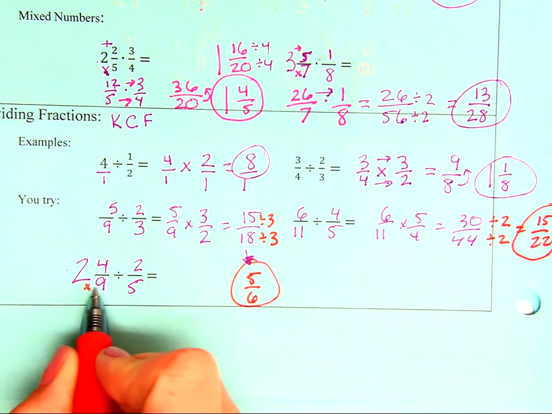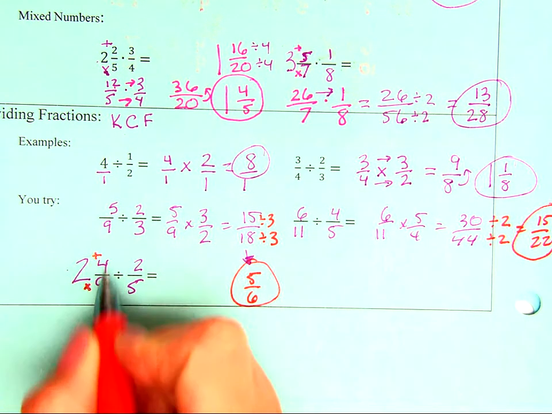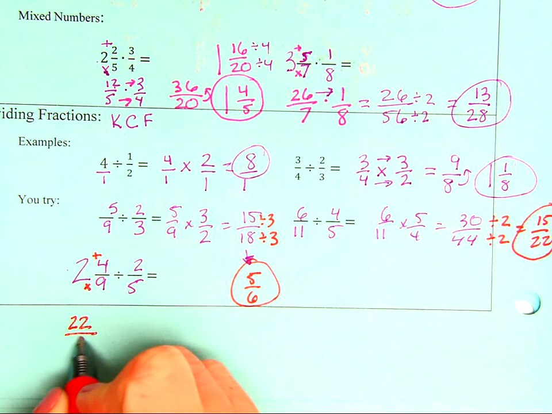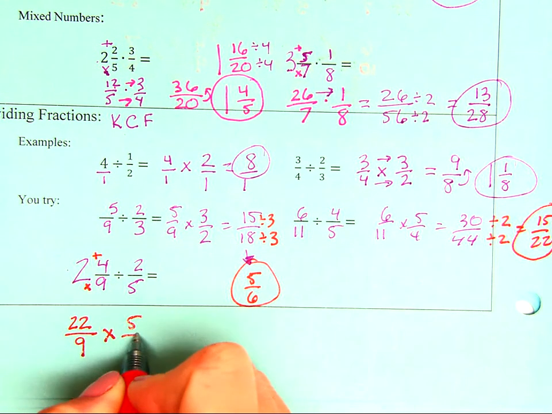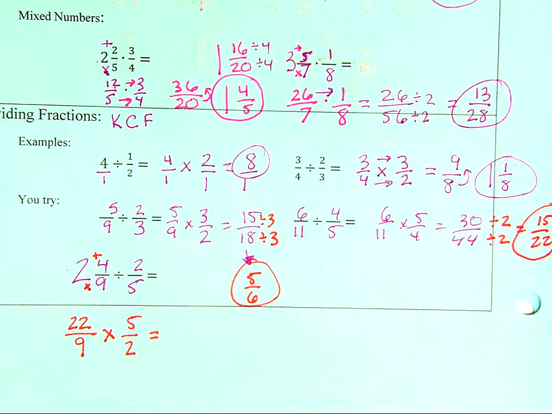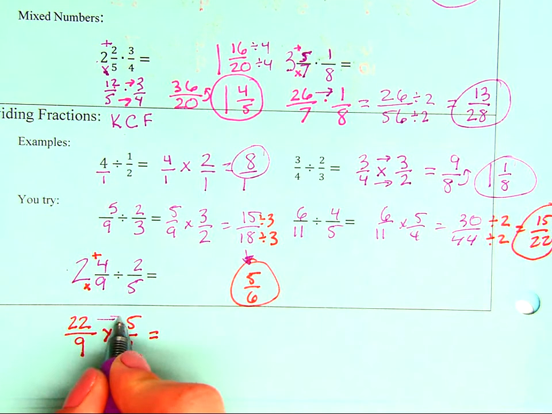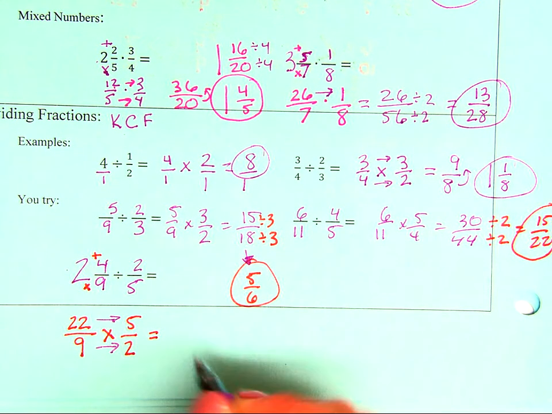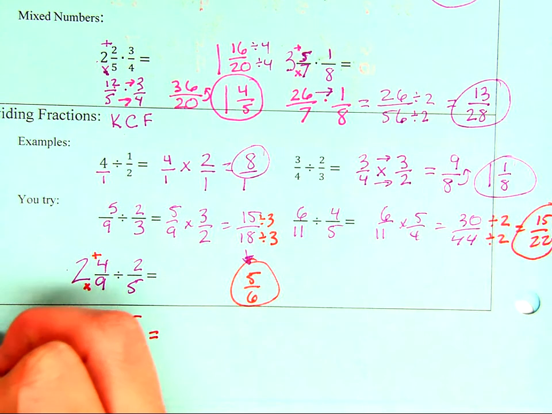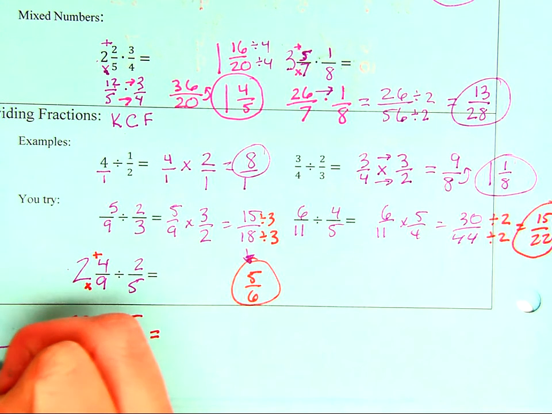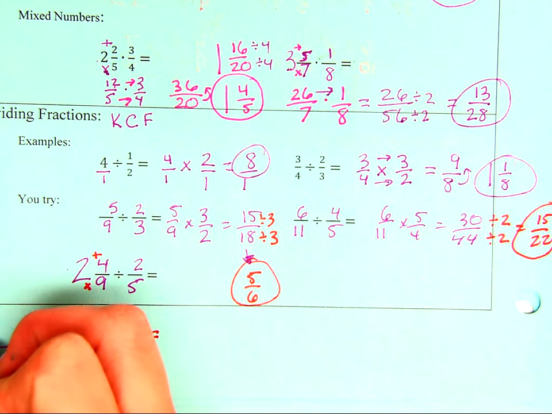So 2 times 9 is 18, plus the 4 makes this 22/9. I'm going to change that to multiplication. I'm going to flip the 2/5 around. I'm going to go straight across. So 22 times 5, I'm actually going to do this one off to the side. 2 times 5 is 10, carry the 1. 5 times 2 is 10.